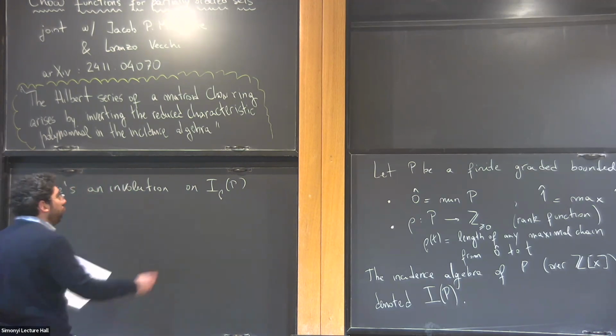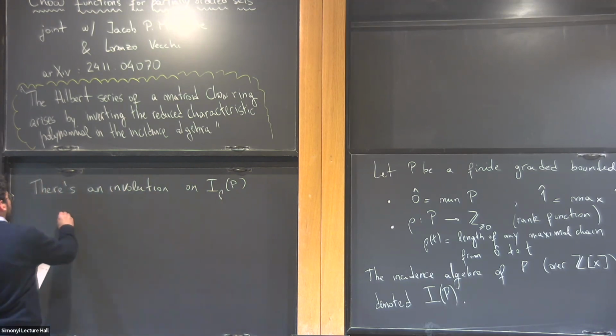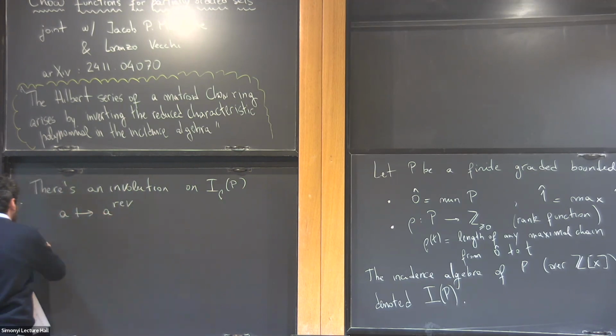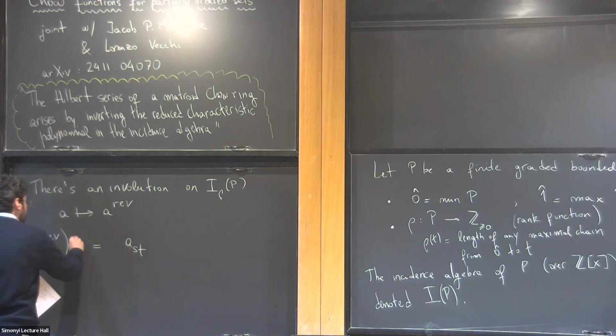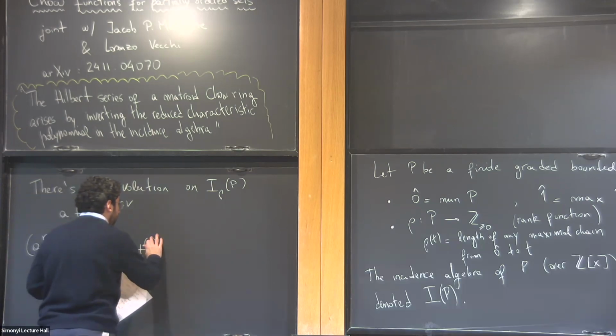Okay, so there's an involution in this special part of the incidence algebra given by every element will be mapped to an element called a rev, and precisely a rev at the interval st is just a st. So let me put the variable here so that you can remember that this is a polynomial.